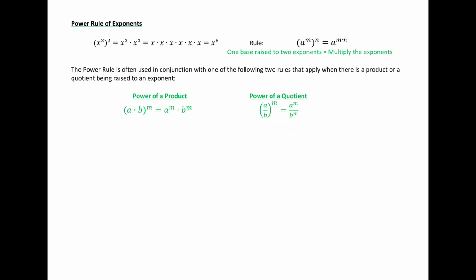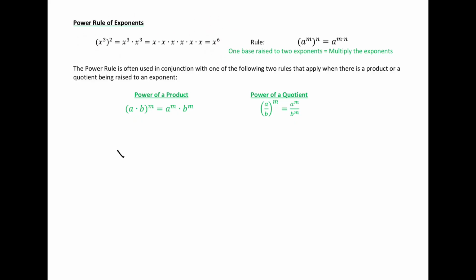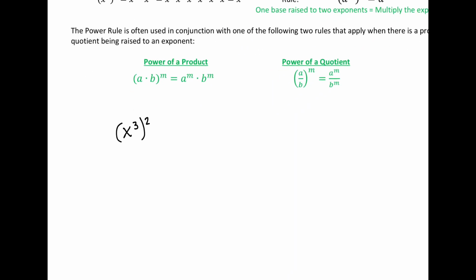And now we have a new rule. Okay. So let me explain this one by doing it. So we have x cubed squared. What this means is the exponent affects what it is immediately behind, right? So that means I have two sets of parentheses, and each set of parentheses is going to have an x cubed in it.